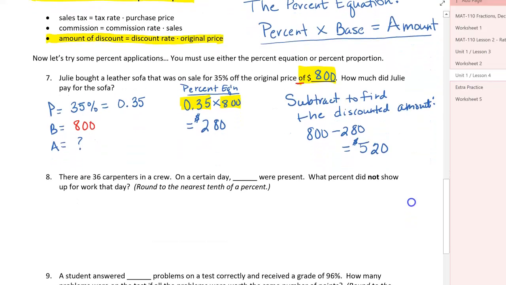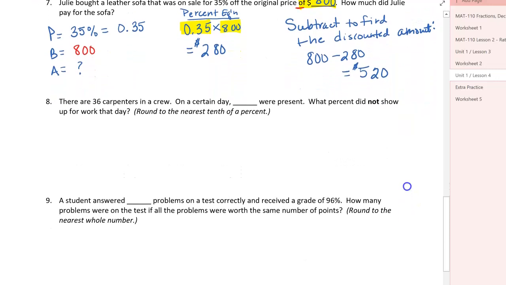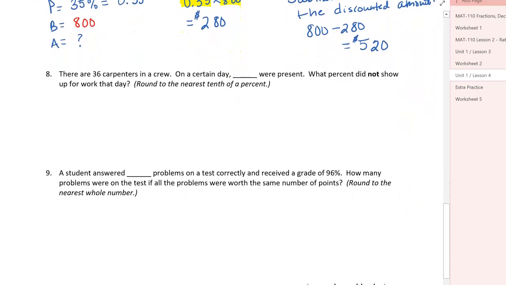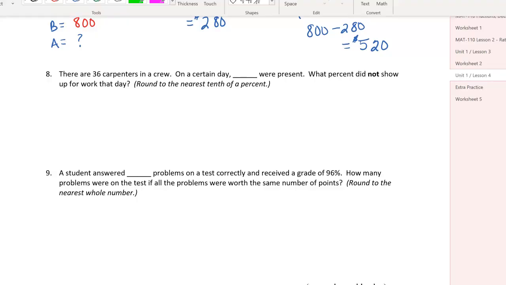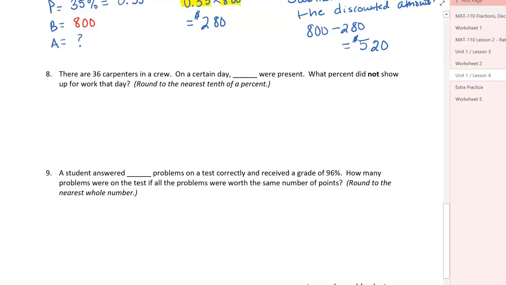All right, in example 8, we have this problem. There are 36 carpenters in a crew. On a certain day, 29 of this crew were present. And we're asked to find what percent did not show up for work that day. Oh, they're trying to trick us.